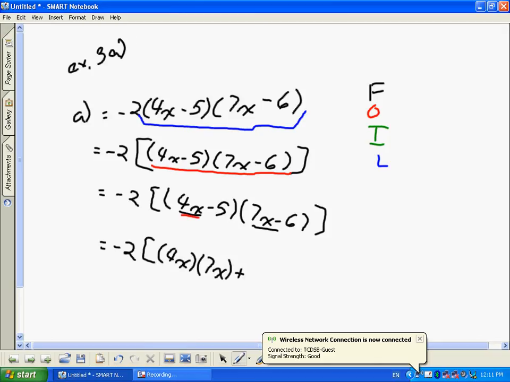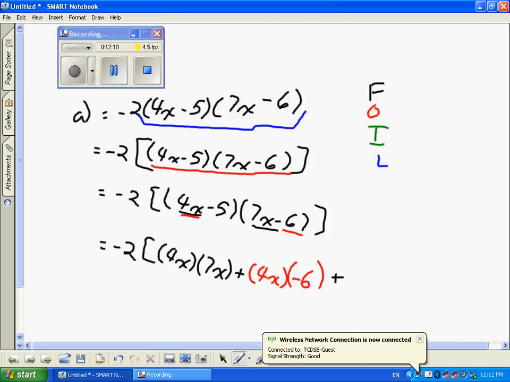My outside terms are 4x, negative 6. Our inside terms are negative 5 and 7x. And finally, our last terms are negative 5 and negative 6. In square brackets.